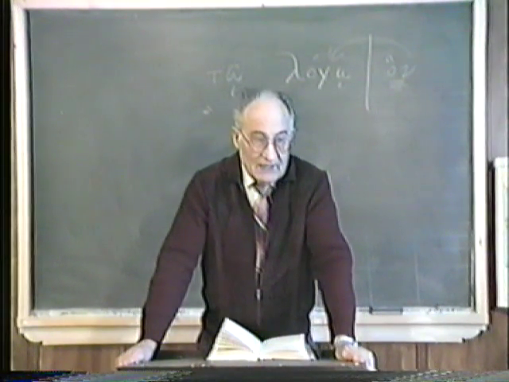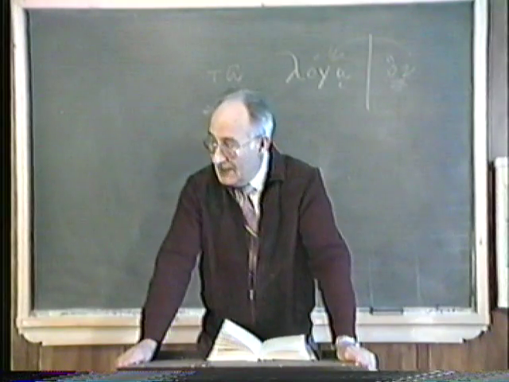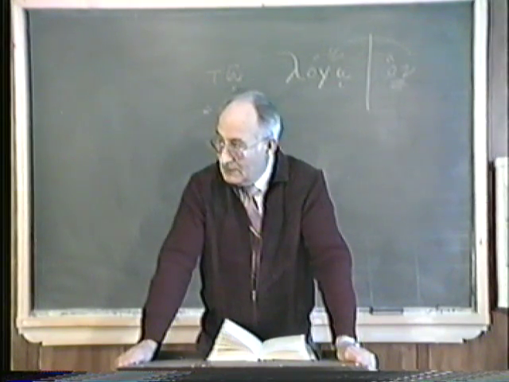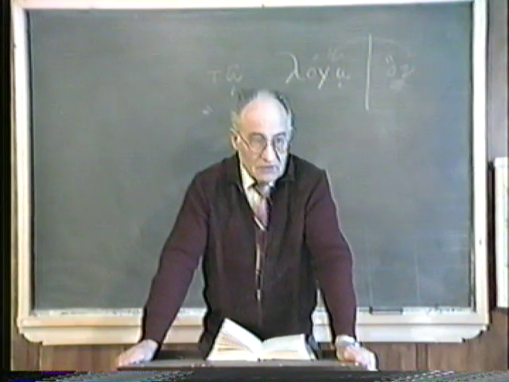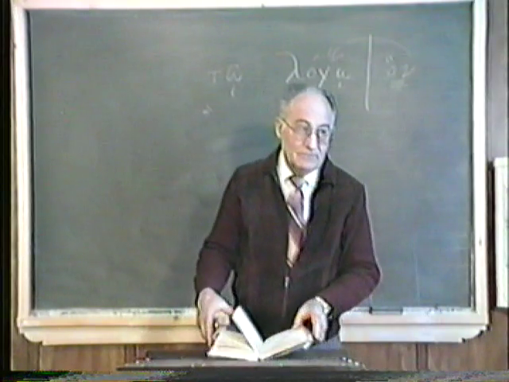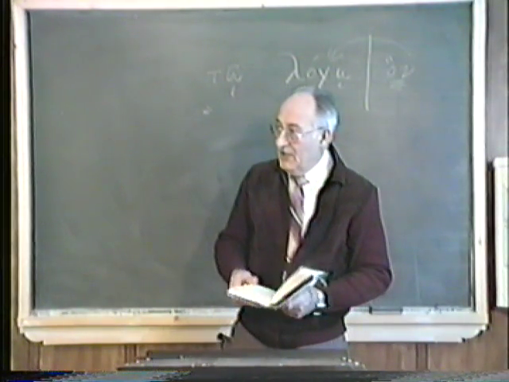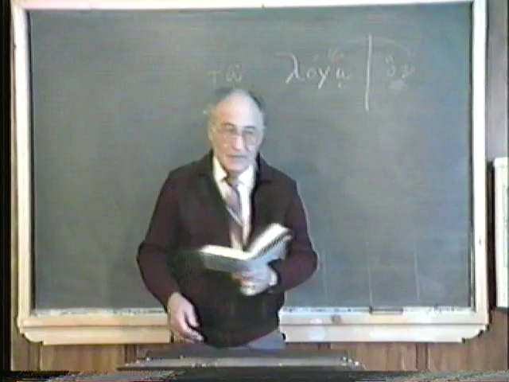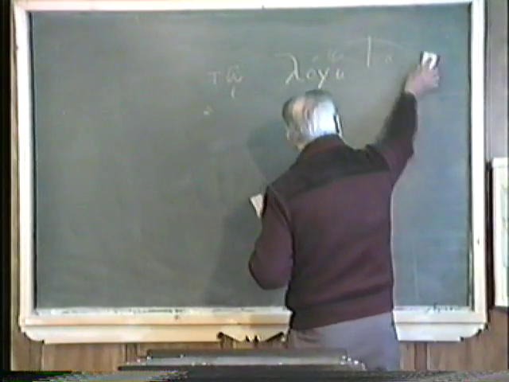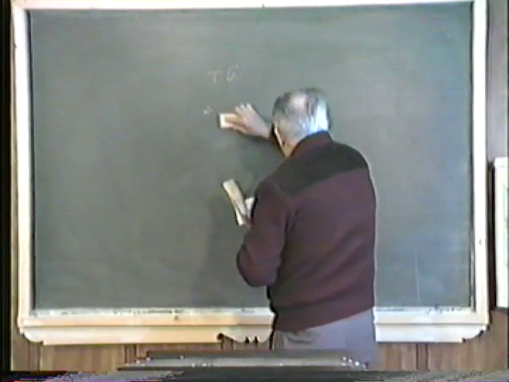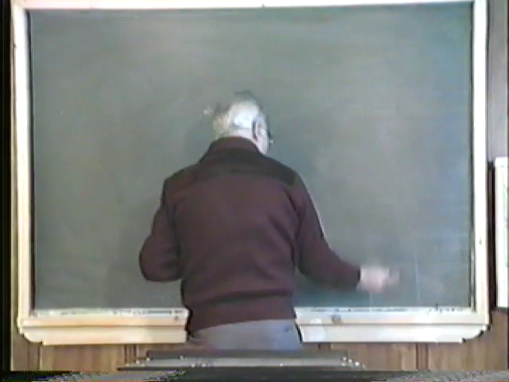Now then, what case should hou be? How is it used in its own clause? It should be accusative. Why? Because it's the object of the verb I said. I said what?